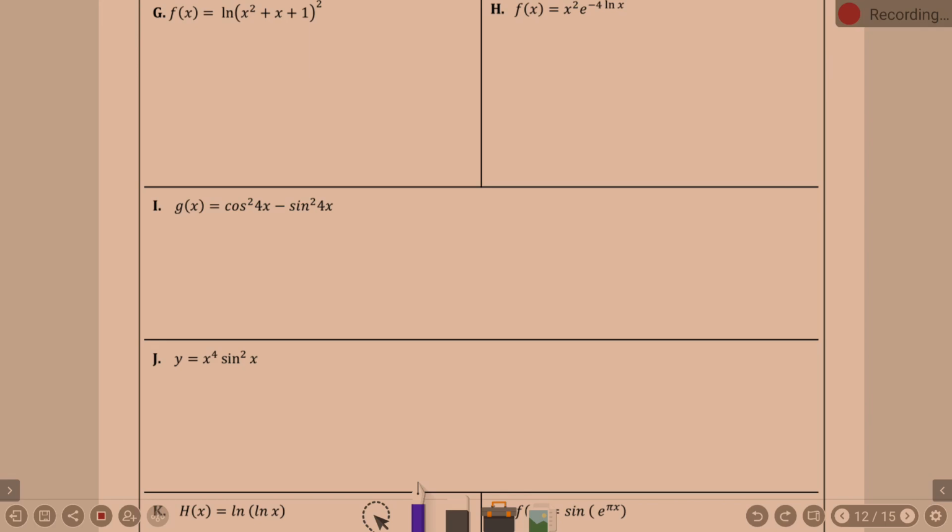Does that sound familiar? Vaguely. No. So I would rewrite this as 2 times the natural log of x squared plus x plus 1.